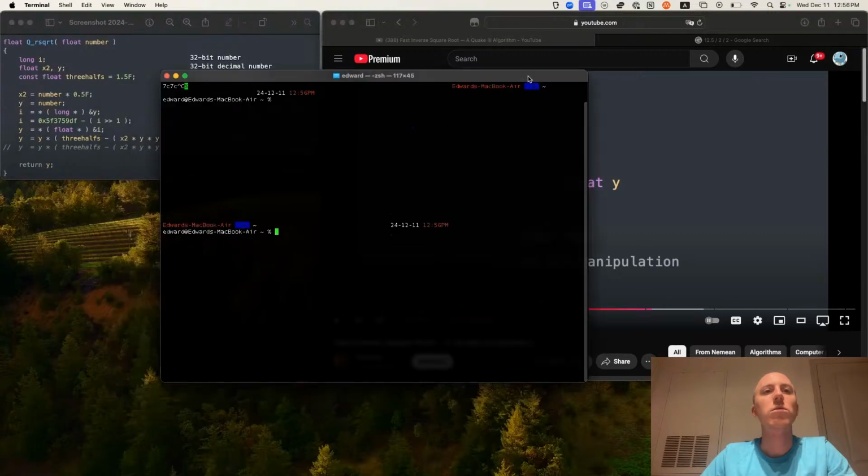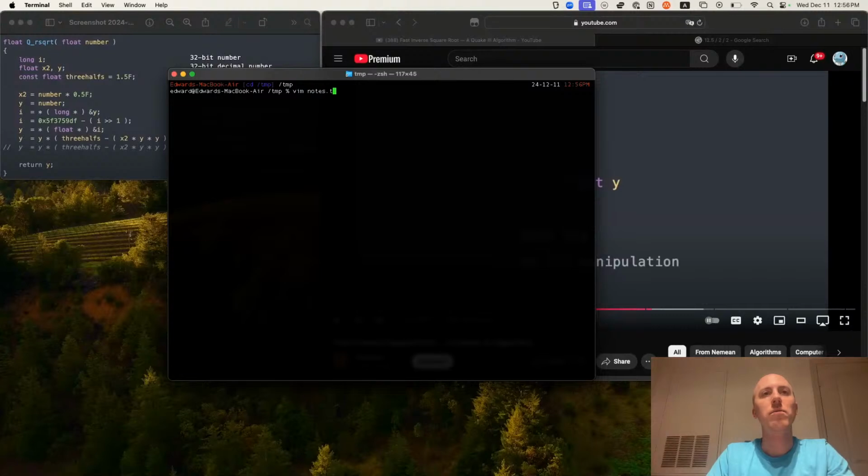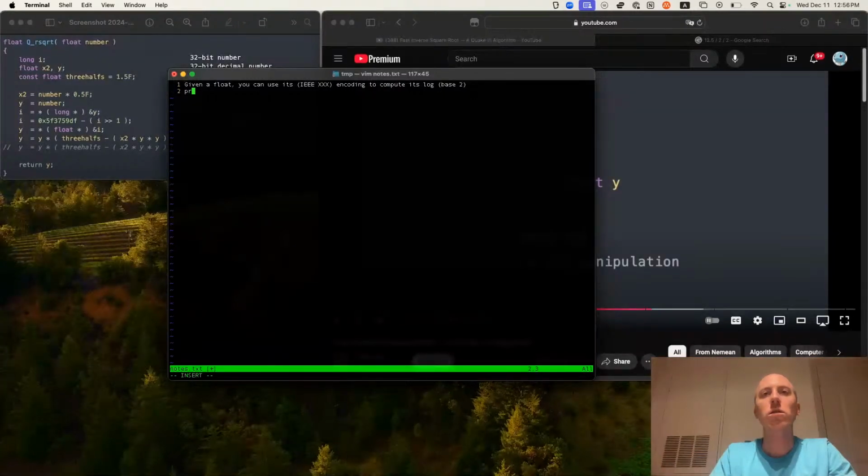So just taking some notes. Where we left off is basically, given a float, you can use its IEEE encoding to compute its log base 2 pretty easily by shifting and adding some constants.